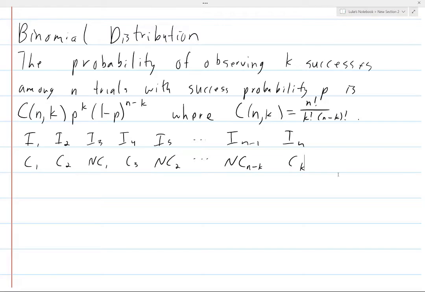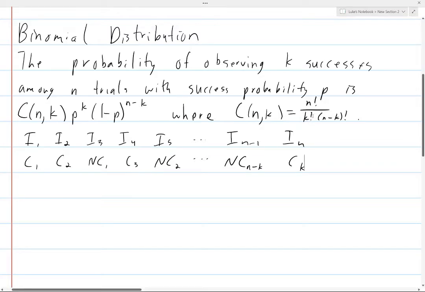However, we don't care about reorderings. We could have C2 and C1 switched, and it doesn't change the fact that I1 and I2 are both chosen. So we need to divide by the number of ways of rearranging the C's and the NC's.